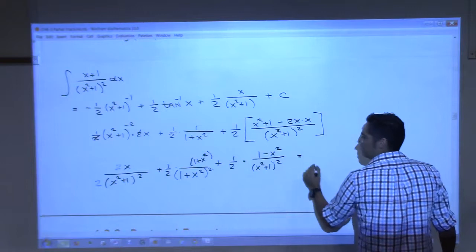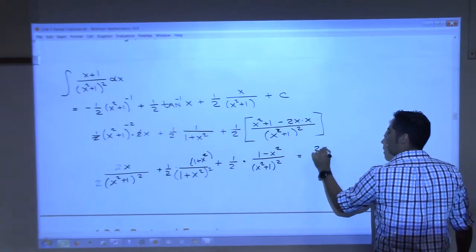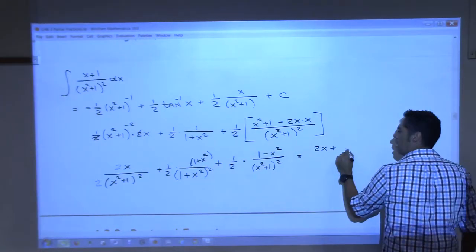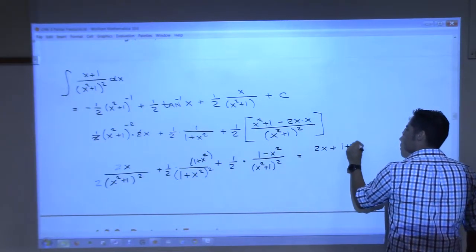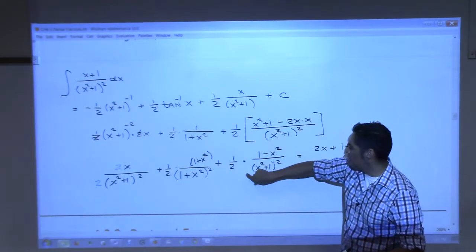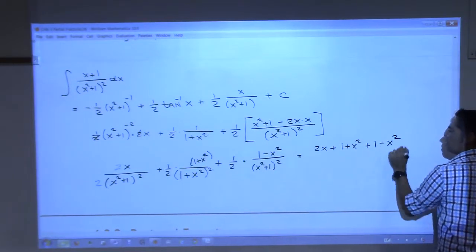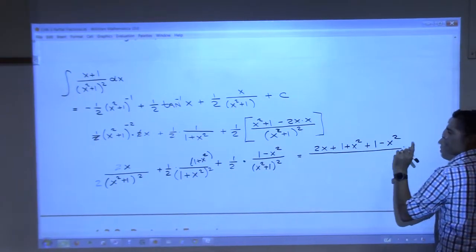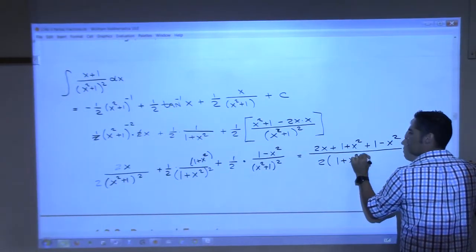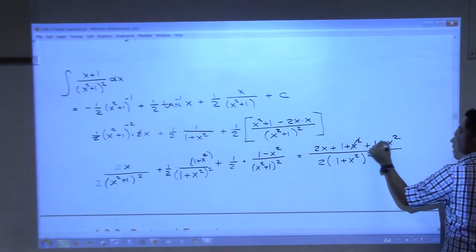Let me put the numerators together. First numerator is 2x. Next numerator? Just that, I don't need the parentheses. Plus, remember that 2 is down here. The next numerator is 1 minus x squared all over 2, 1 plus x squared squared. 2's cancel.